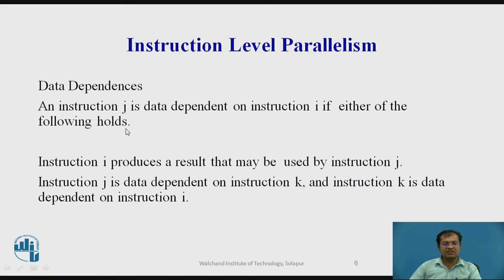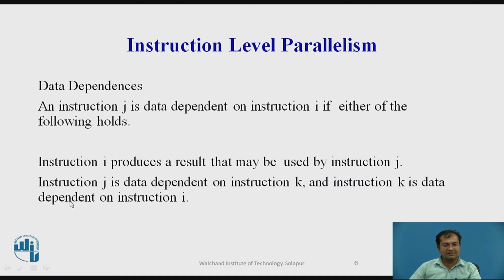Here the assumption is that instruction J is going to execute after instruction I. Based on this assumption, instruction J is data dependent on instruction I if either of the following two conditions holds true. The first one is if instruction I produces a result that may be used by instruction J, that is, J is depending on instruction I.